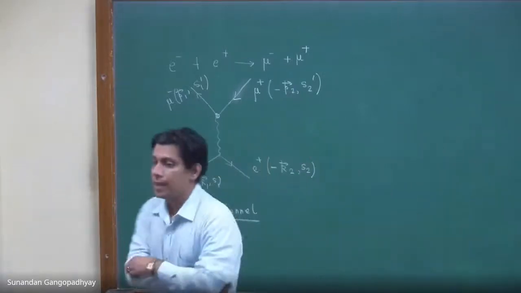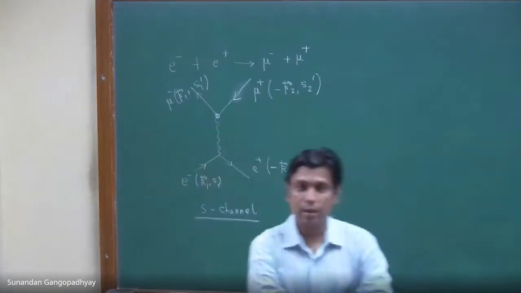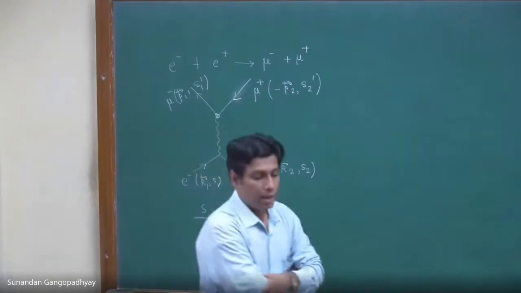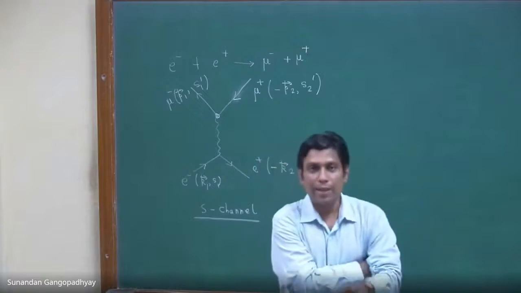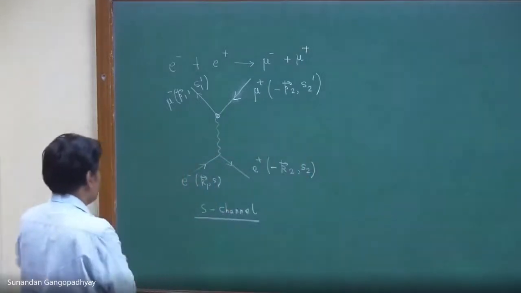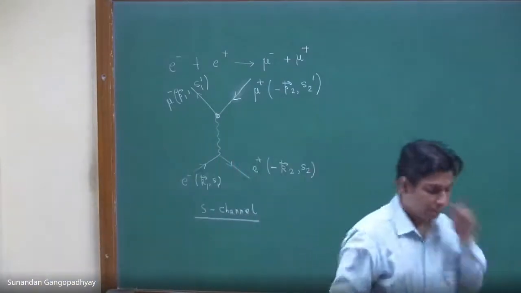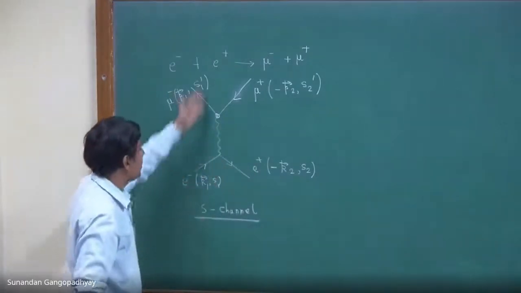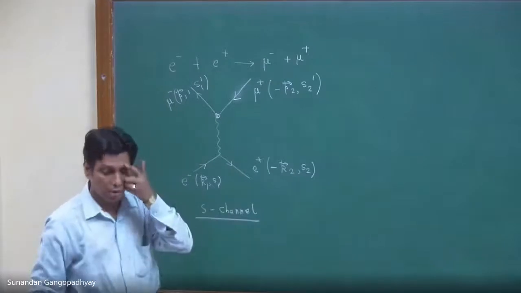And once again, as in the previous lecture, we shall work in the highly relativistic limit, that is, for both the electron and the muon we shall neglect their rest masses, because both the particles are highly relativistic. So that will simplify the calculation a lot. Since there is only this S channel, and you can see that this diagram is basically the S channel diagram, only the S channel contributes here.